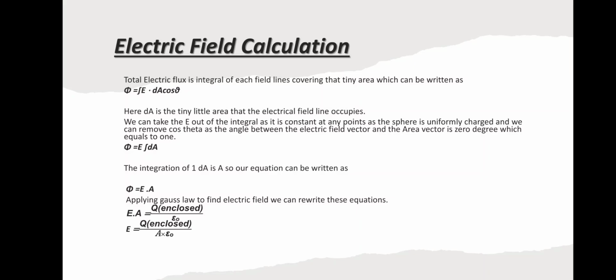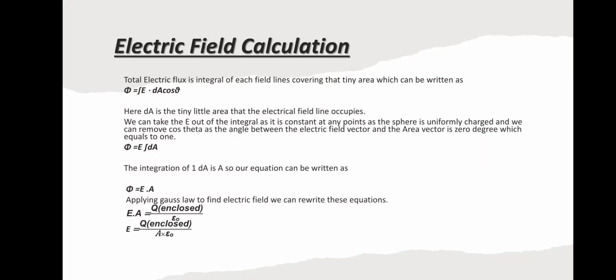We can take E out of the integral as it is constant at any point since the sphere is uniformly charged, and we can remove cos theta as the angle between the electric field vector and the area vector is 0 degrees, which equals 1. The integral of dA is A, so our equation can be written as shown below.